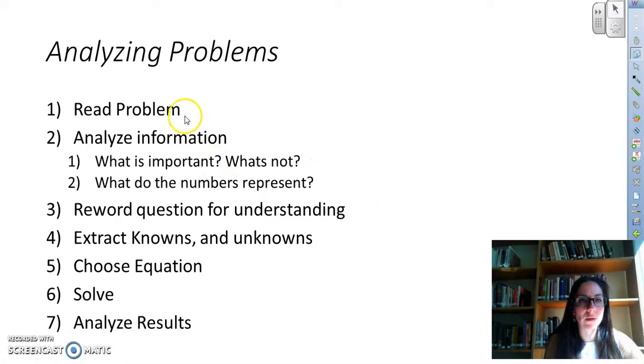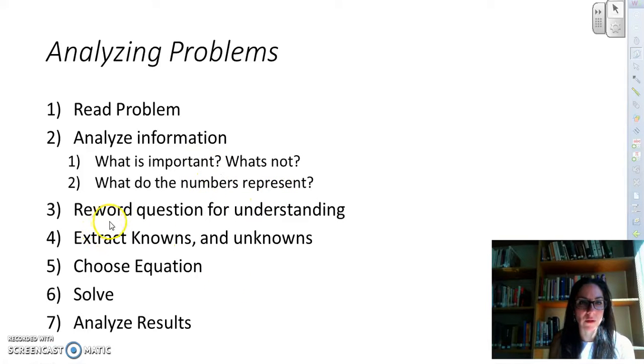If you're not used to solving word problems, I recommend you go through this process. Read the problem, naturally, and you might have to do this 1 or 2 or even 3 times to really understand what's going on. The other thing is to analyze your information. Sometimes they give you more numbers than you need, so you need to figure out what's important and what the numbers actually mean. Is it something that you need?